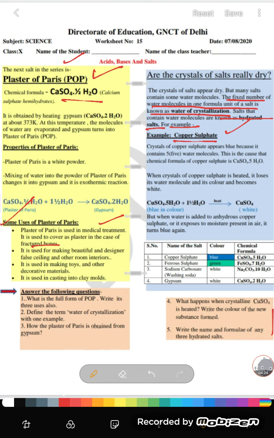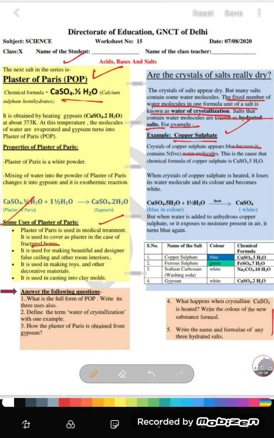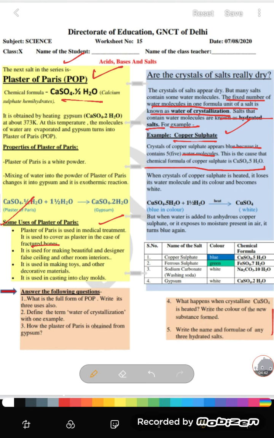When it is converted into crystal form, the crystals of copper sulfate appear blue, a very beautiful color, because it contains 5 molecules of water, and this is the chemical formula of copper sulfate, CuSO4 into 5 molecules of water.